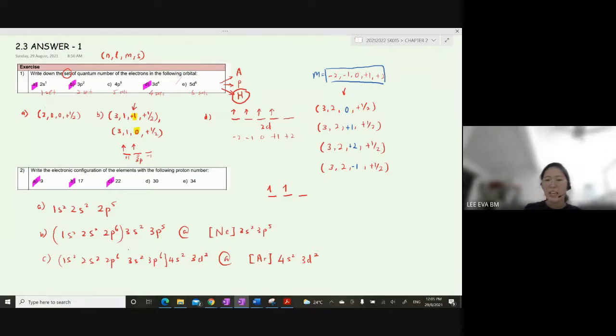But if you don't remember how many electrons inside neon or argon, you can write as usual, no problem. Both accepted. Okay, so for D, proton number 30, and then for E, proton number 34. Later you can check back the answer, yeah?